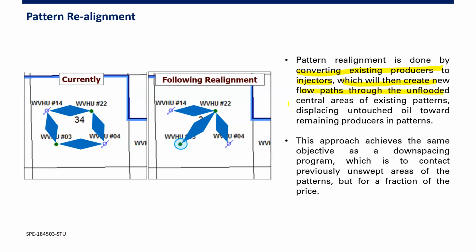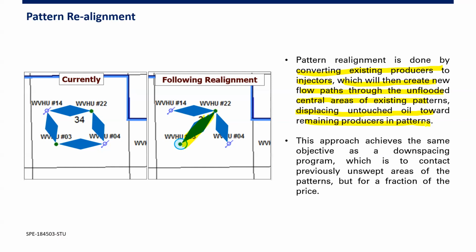So by converting, or by putting in a new injector which comes from the conversion, we will establish a new flow path through the unflooded central or middle areas of the existing pattern. That's what we have here. It's a new flow path for the water, and it will flood the unflooded central area, thereby displacing untouched oil toward remaining producers in the patterns.